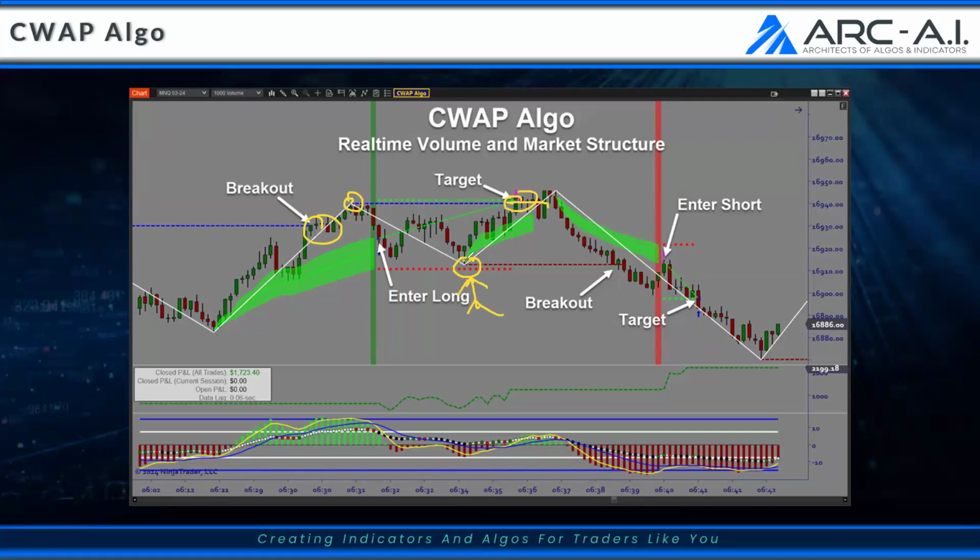When it breaks structure, it'll plot a CWAP here. Then once we get far enough beyond that break of structure and we pull back into the CWAP, that's what's going to execute the trade, coming back into CWAP. So this is a pullback. It's trading the trend based on pullbacks and based on market structure.